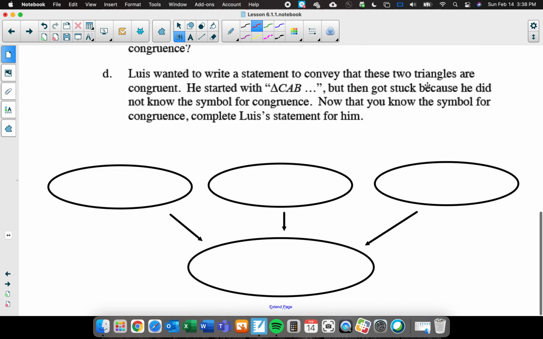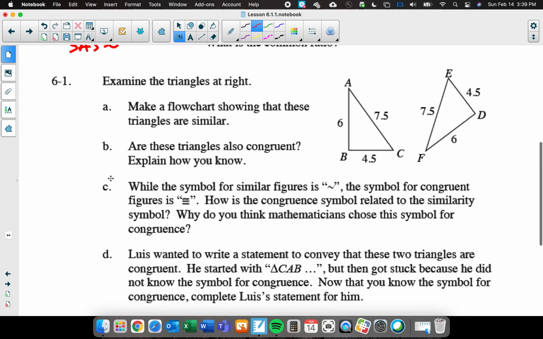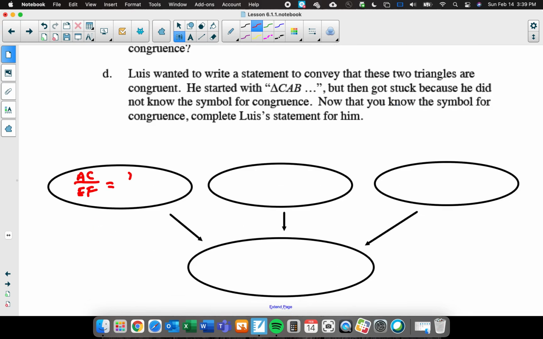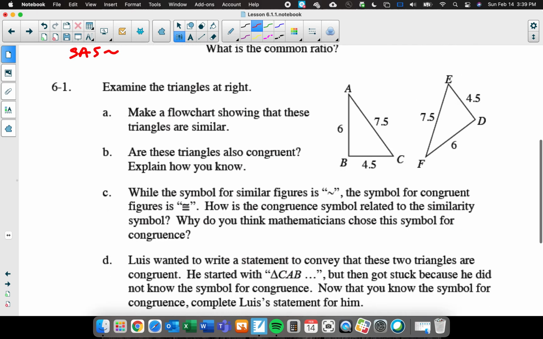So here's my flowchart down here below. I'm going to say AC to EF. The ratio of those 2 sides, 7.5 to 7.5, those are in a 1-to-1 ratio. Okay, so that's what I'm going to put down. That's a 1-to-1 ratio. That is something I know.